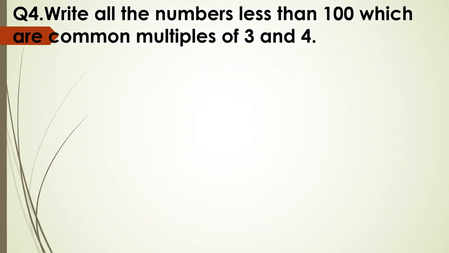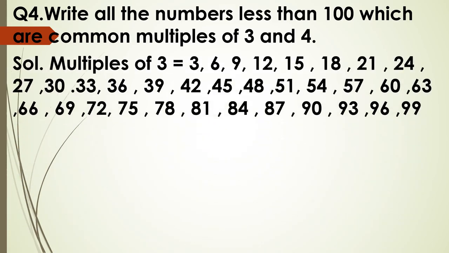Write all the numbers less than 100 which are common multiples of 3 and 4. That means you have to find out all the common multiples of 3 and 4 which are less than 100. Okay, so you have to write down multiples of 3 up to 100, which is just before 100.